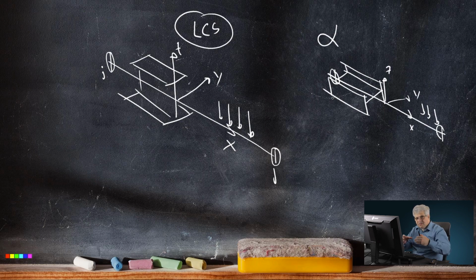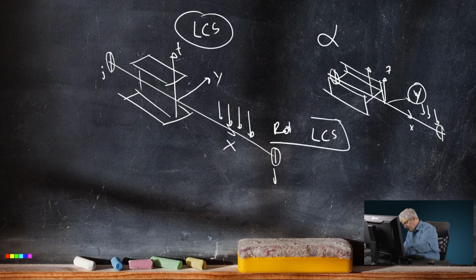What is the problem then? Later, during the interpretation of the results, you look at the results and you want to see MY. What is MY? MY to the local coordinate system or MY to the cross-section? You have to decide it. And the same also for the buckling length, for example. So therefore, I prefer the rotation of local coordinate system, at least at the beginning, because then the coordinate system will be rotated.